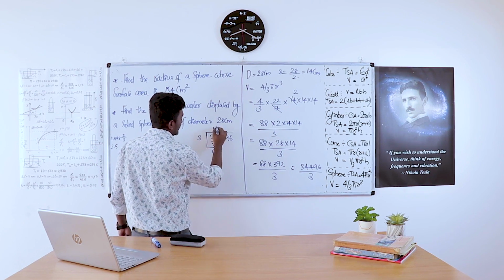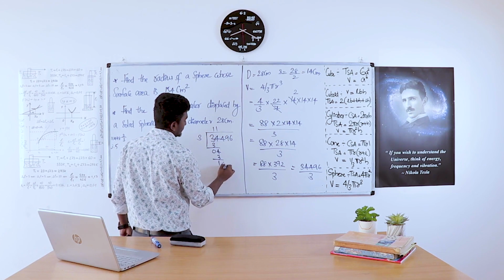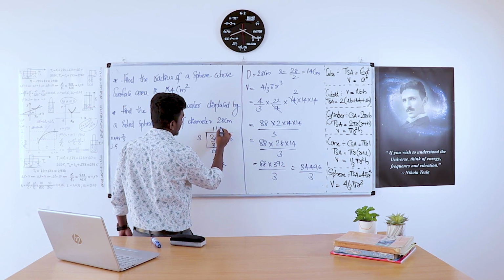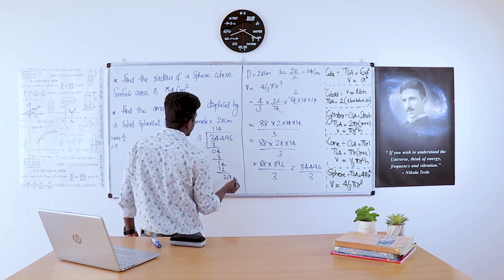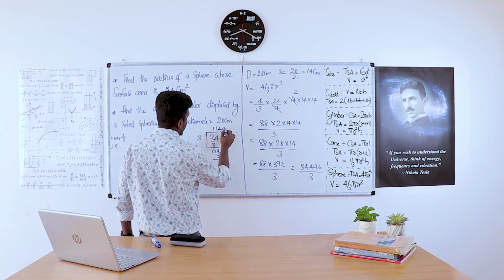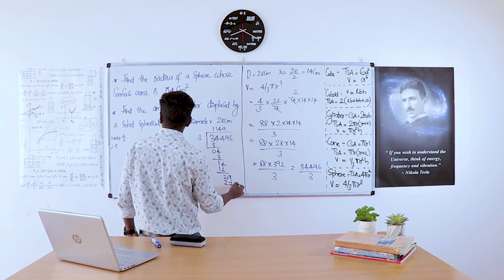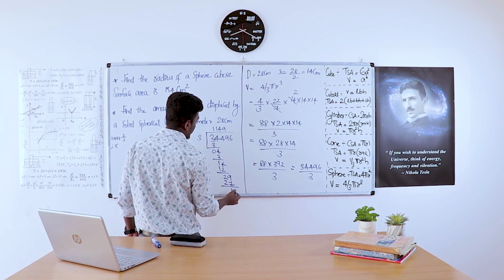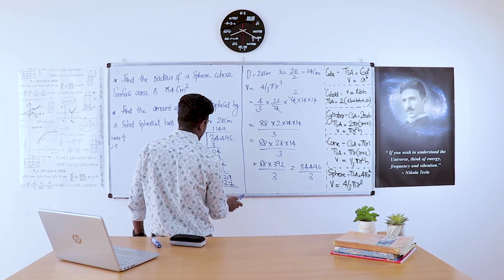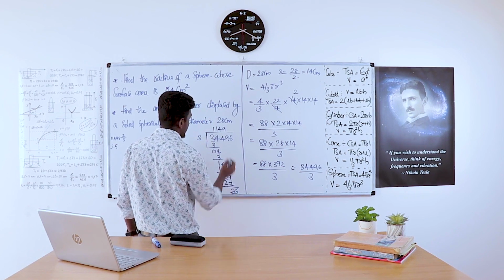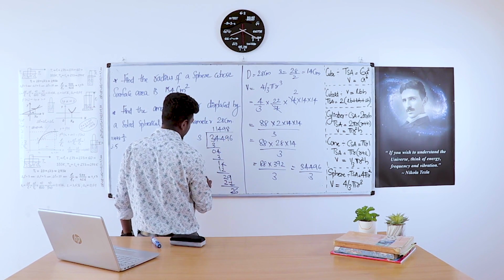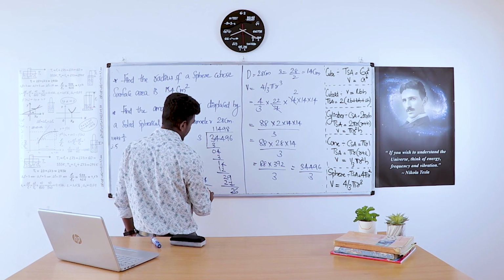Now 4. 1 into 3, 3, remainder 1, 14. 4 into 3, 12, remainder 2, 29. 9 into 3, 27. Remainder 9 minus 7, 2, 26. 8 into 3, 24. Remainder 2.